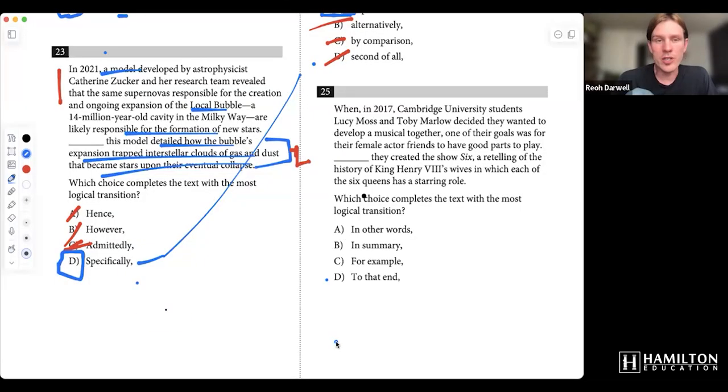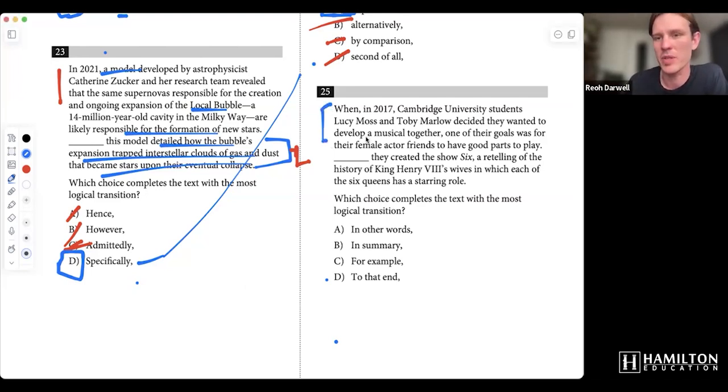All right, question 25 is a really good transitions question in that we're seeing something that isn't the most commonly used one, "to that end," but it is correct in that we do have our second sentence, right? The information in the second sentence is a product or consequence of the previous sentence, right? So we have a cause and effect transition. What is our cause?